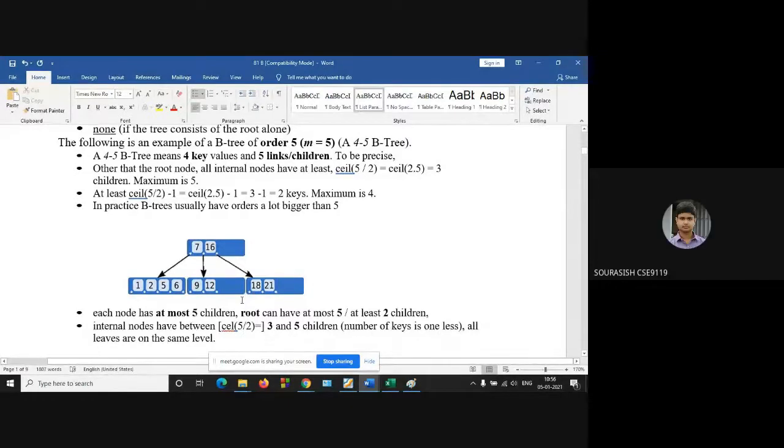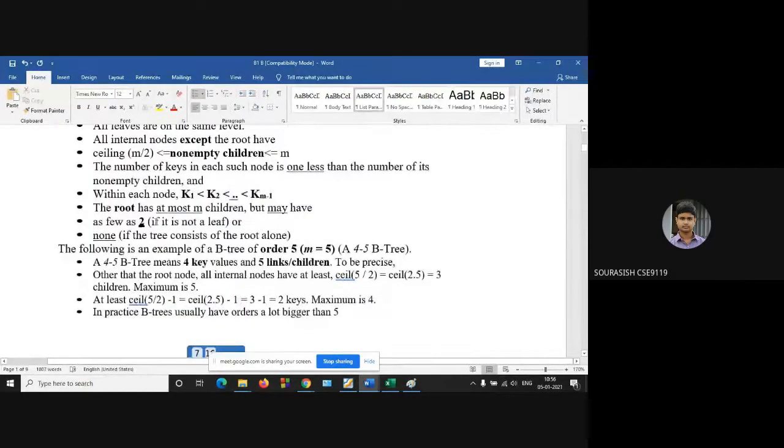So these are the properties for the internal nodes and the root. The root node has at most m children, but may have at least 2. This is the main difference between an internal node and the root node. Please look carefully.